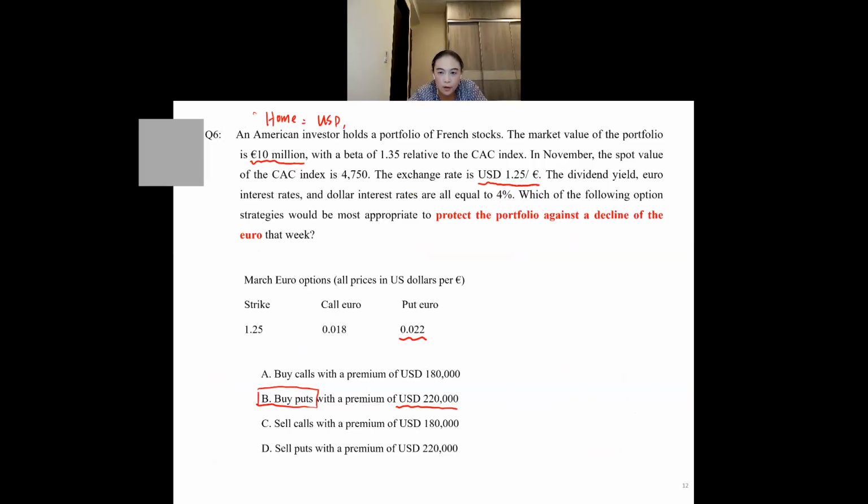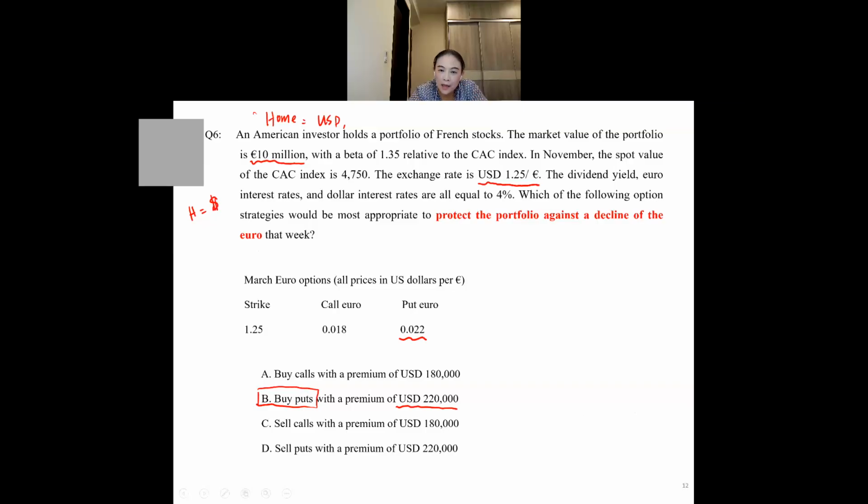Question 6 is a little bit complicated, it's about currency options. Let's take a look at the question. An American investor holds a portfolio of French stock. For this kind of question, you have to first identify your home currency. For the American, your home currency is US dollar.